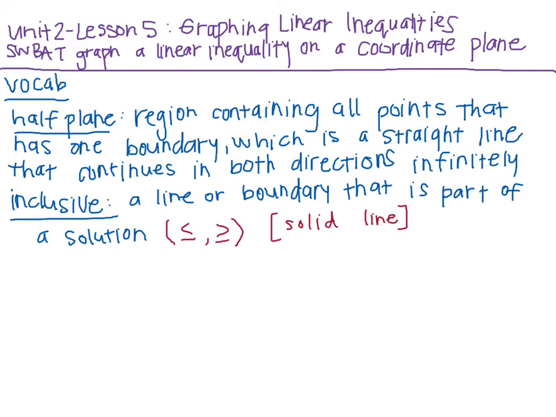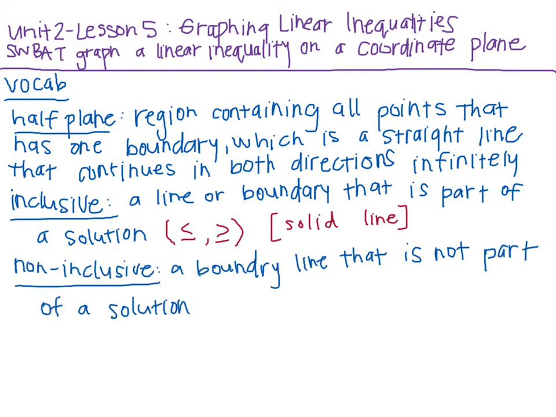The next word is non-inclusive. And as you can imagine, a non-inclusive inequality has a boundary line that is not part of a solution. So that's something like when we have less than or we have greater than. That's telling us that the values have to be less than the line or they have to be greater than the line.